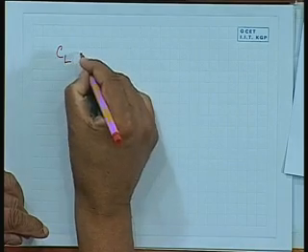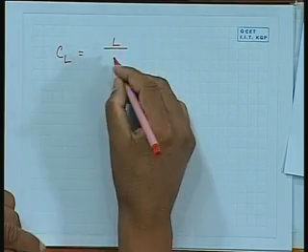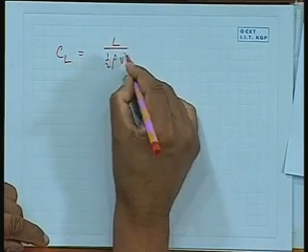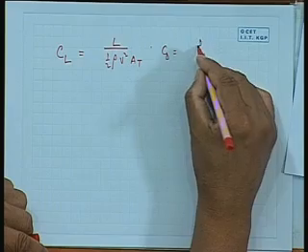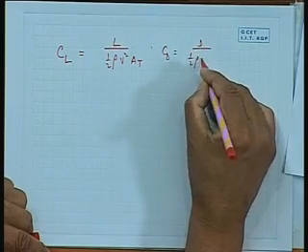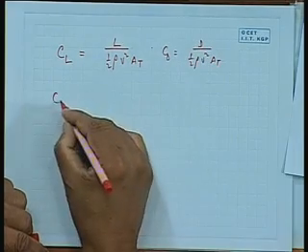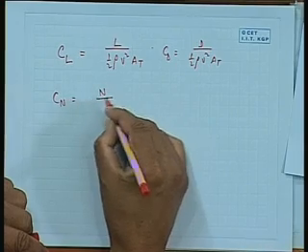It is usual to express these forces in terms of such coefficients, AT being the transverse area, and a drag force as D by half rho v square AT. You can also call this Cn as N force by half rho v square AT.